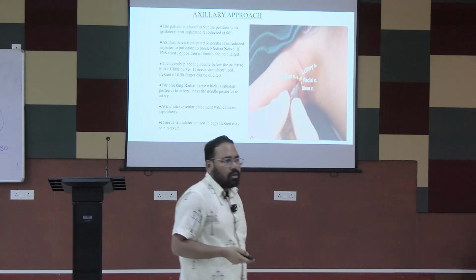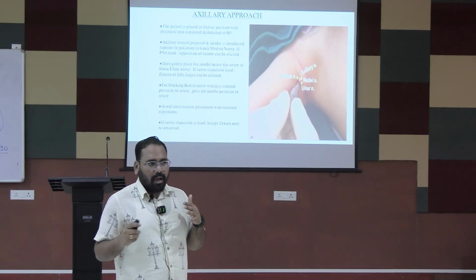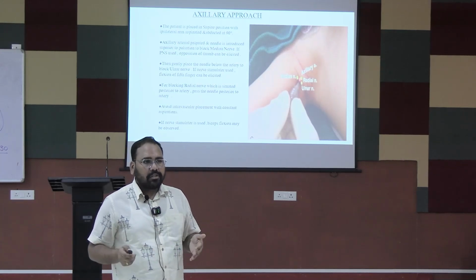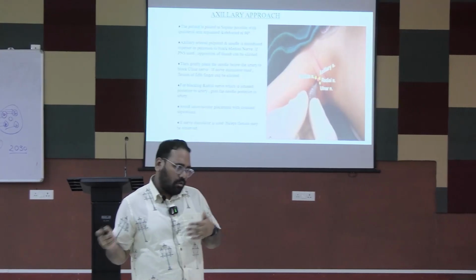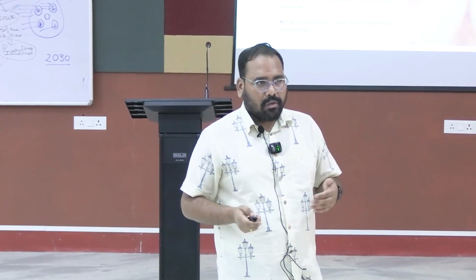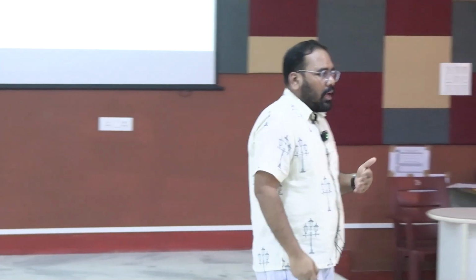Or you can do it by USG guidance. The ultimate for all blocks is USG guidance. In all advanced hospitals and institutions we use USG. So that is for upper arm surgery, we give brachial plexus block.